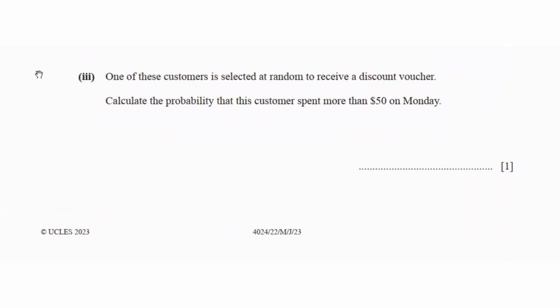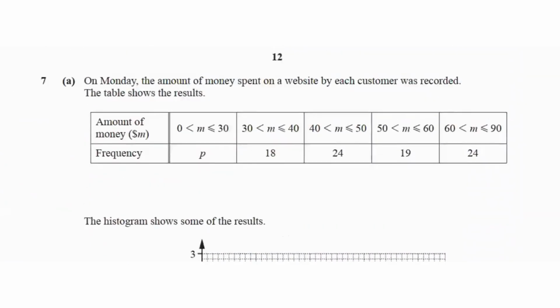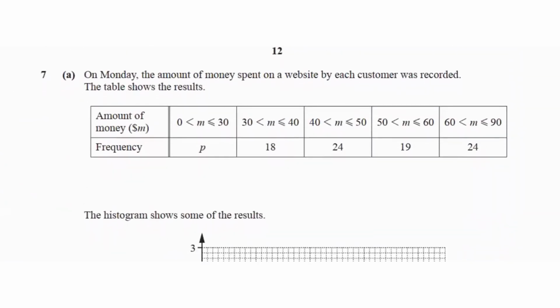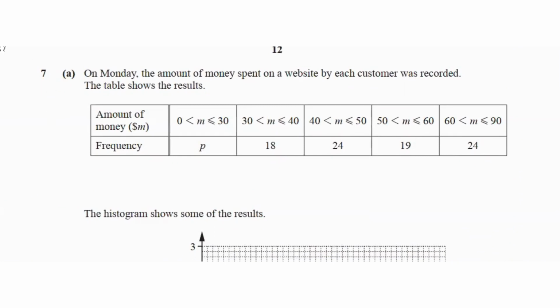So that's going to be, and the total was, we don't know the total frequencies. We have to find that first. So let's start with the total frequency. So we know P was 15. So let's find the total frequency, which is going to be the sum of all of these values.